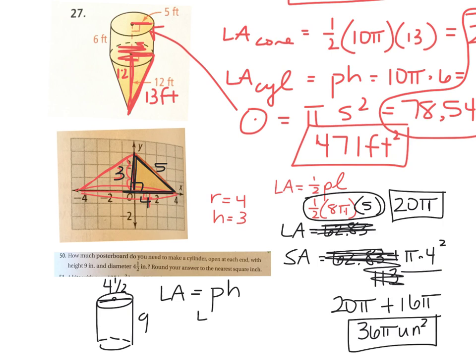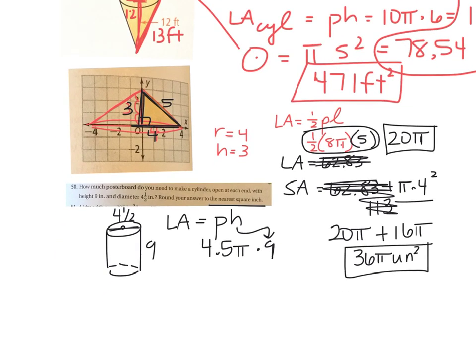So we would do 4.5 times pi, right? That's pi times the diameter, times the height, which is 9. And this one says round, so we're just going to plug that in. 4.5 times pi times 9 is 127 square inches. And that is it.